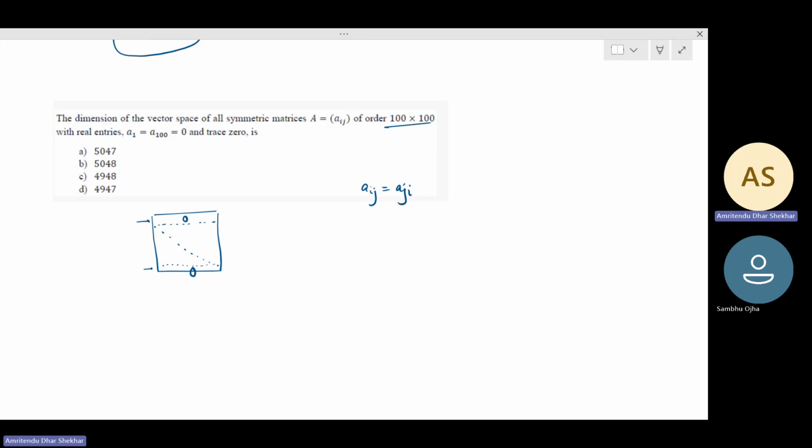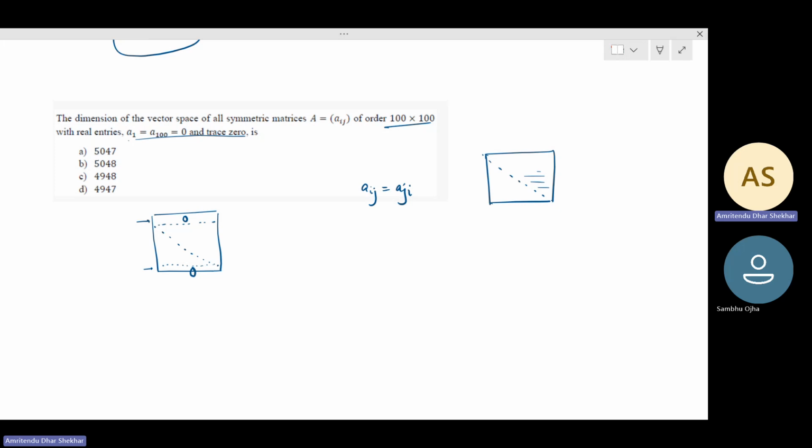If you just look at symmetric 100 cross 100 matrices, ignoring these additional conditions, then you are allowed to fill in only the upper diagonal, let's say. Once you decide the elements of the upper diagonal, the entire matrix is determined, because the elements of the lower diagonal are just reflections of the upper diagonal.